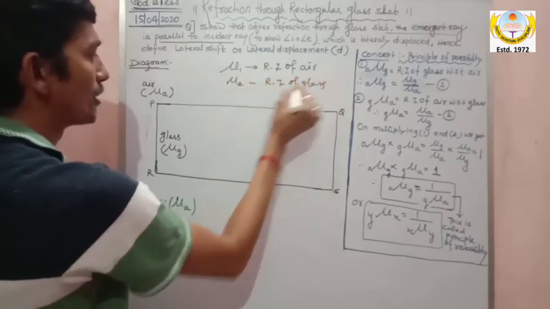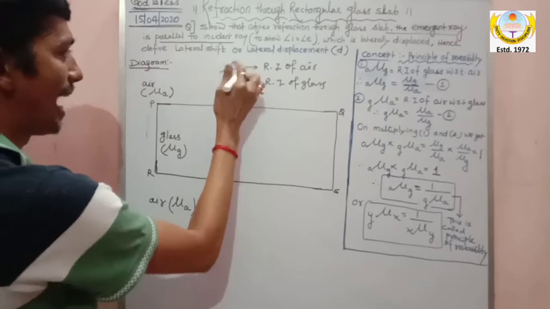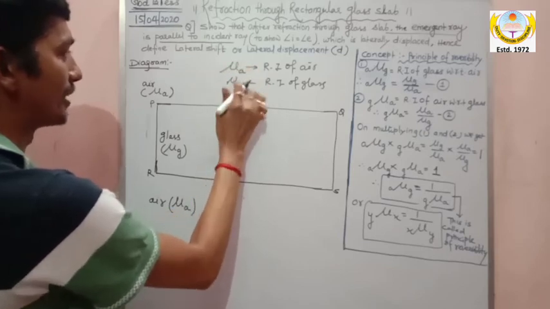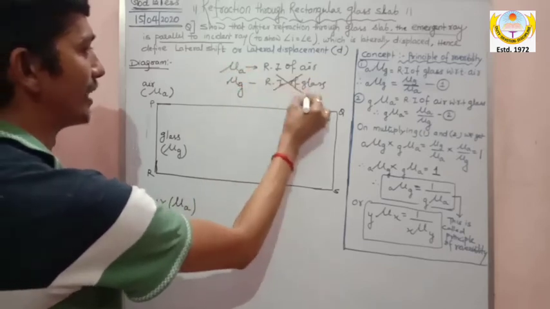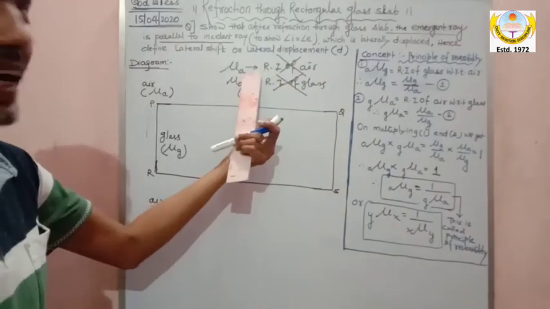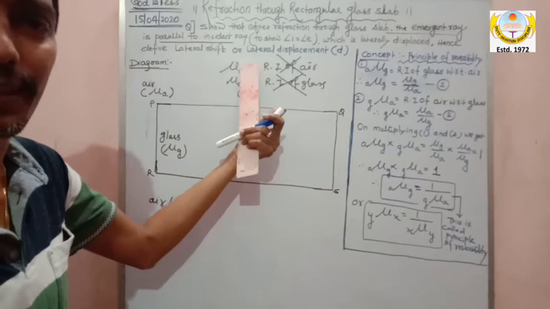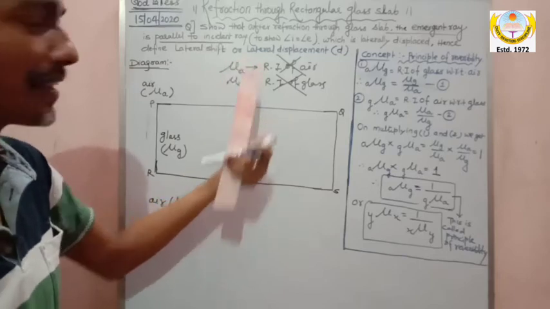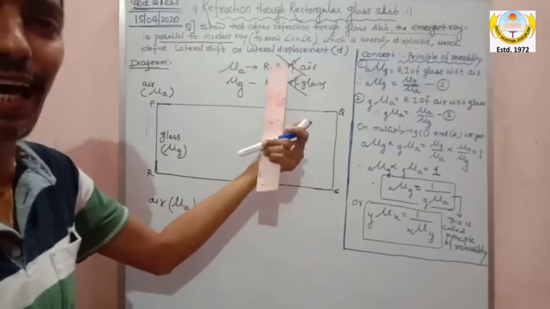But because of that, what I did, I have put this as A and this as G. Now I don't need to write this, because if I put A, immediately people will say it is air. Now no need to write this is the refractive index of air.